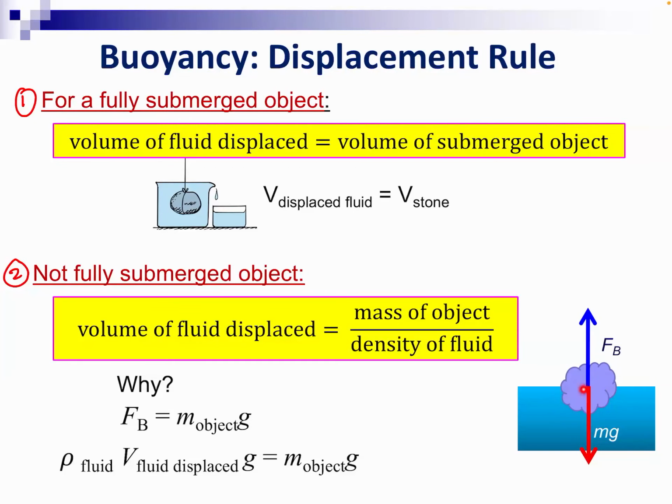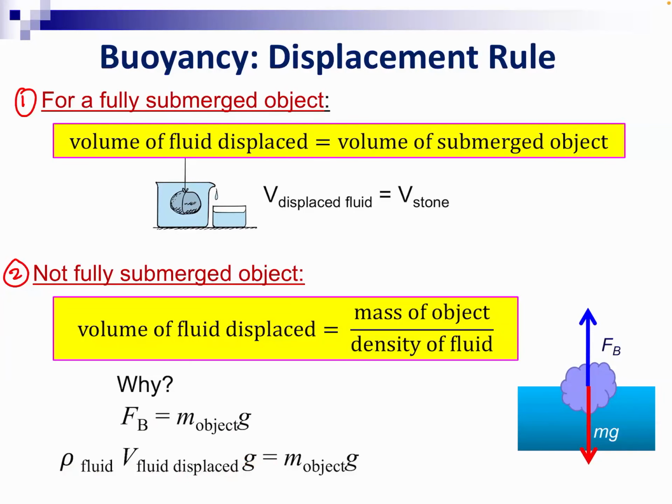If the object is just hovering, it's in equilibrium, so the buoyancy force is equal to the weight force of the object. And if you expand buoyancy force using Archimedes' principle, then buoyancy force is equal to the density of the fluid times the volume of the fluid displaced times g.